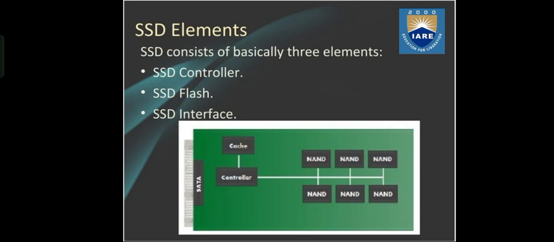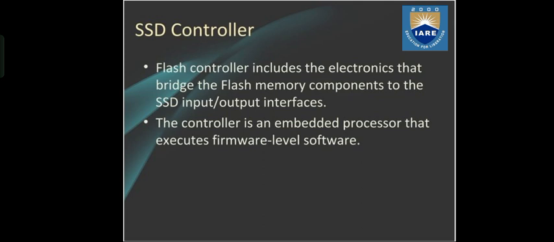SSD elements. SSD consists of basically three elements: SSD controller, SSD flash, and SSD interface, as you can see on the screen. SSD controller. The flash controller includes the electronics that bridge the flash memory components to the SSD input or output interfaces. The controller is an embedded processor that executes firmware level software.